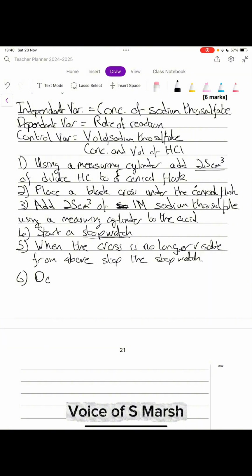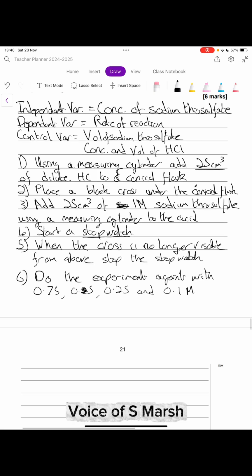So we do the experiment again with 0.75, 0.5, 0.25, and just to pick another one randomly, 0.1 molar sodium thiosulphate.